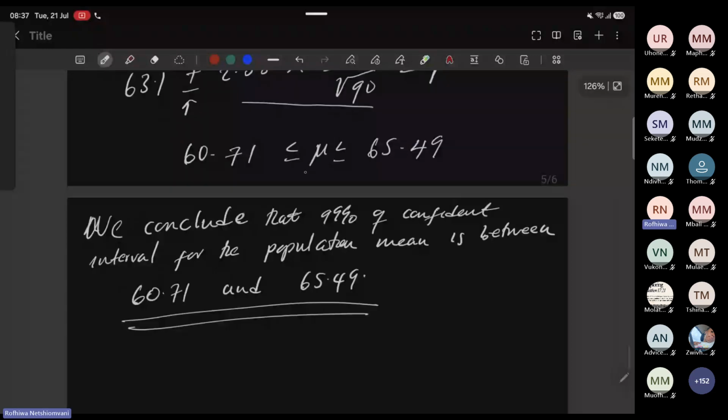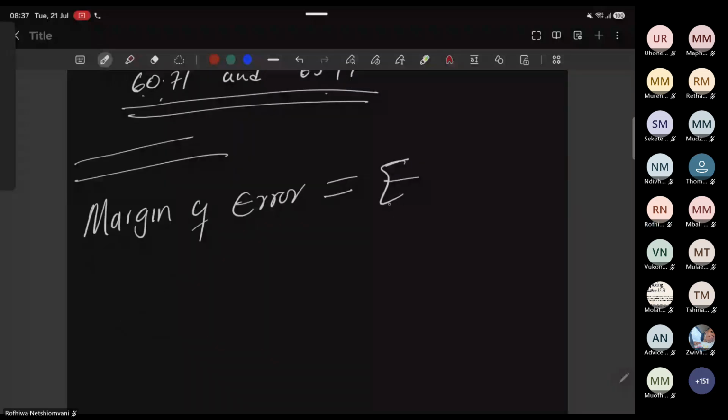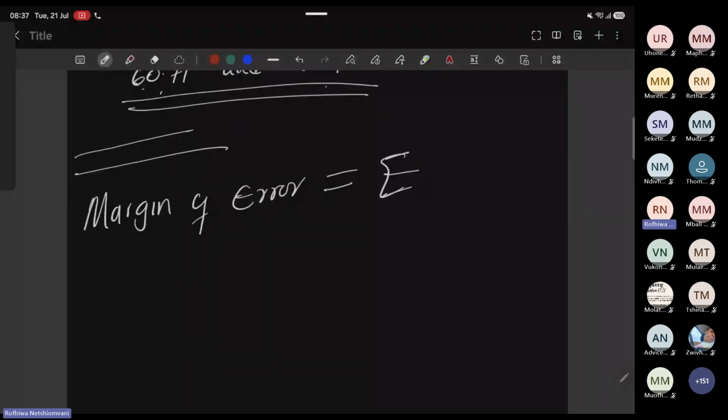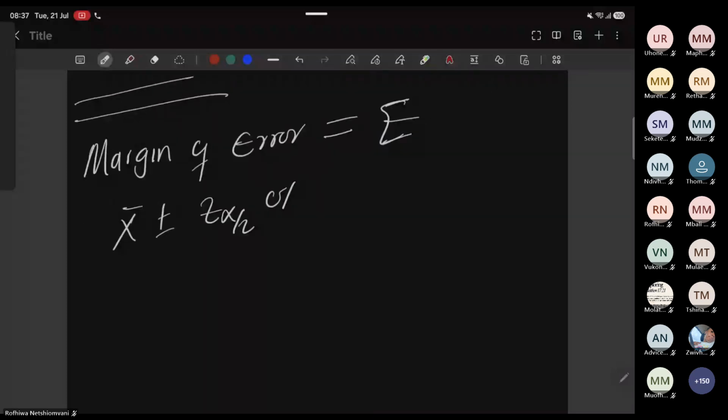Always remember that. Now, once you know the formula, we have something that we call margin of error, which will always be given by a letter E. What this means is that once we have this formula, what is the only thing that affects the value of X bar?